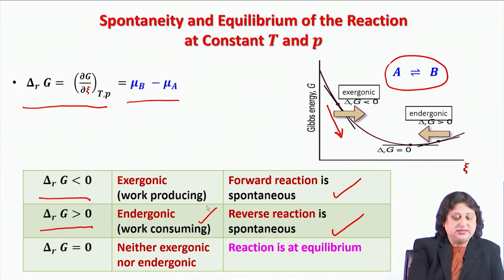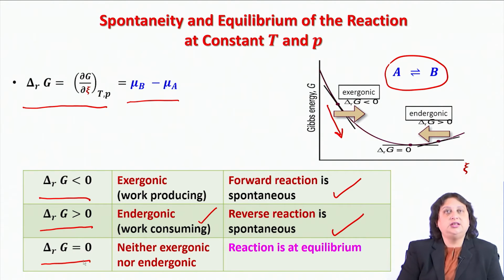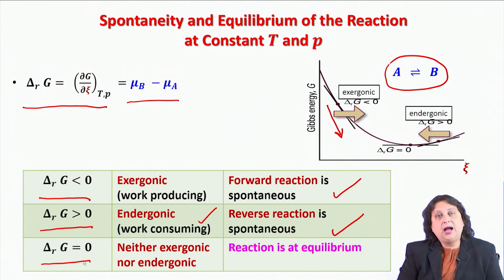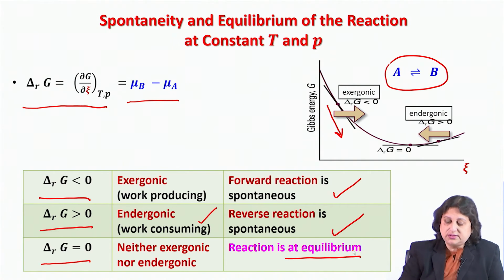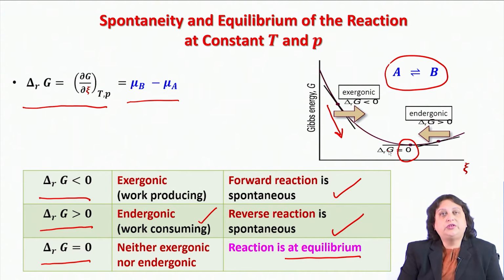Now, if I have the situation where delta R G is equal to 0, I would have the reaction at equilibrium. And therefore, it is this situation where the system has attained an equilibrium with respect to the composition or the degree of advancement of the reaction. And here it is neither exergonic nor endergonic.